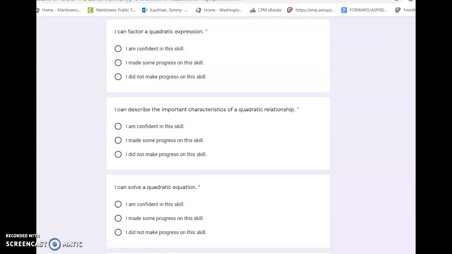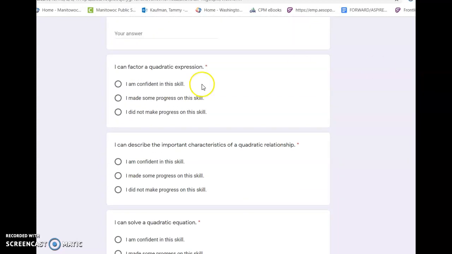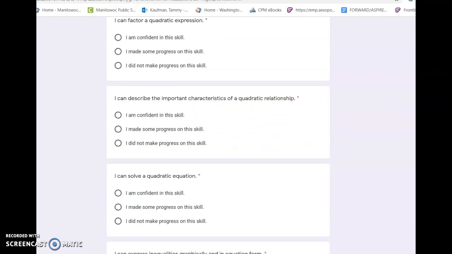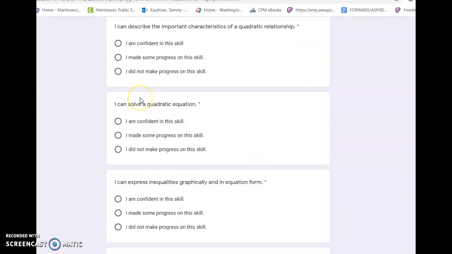The next thing we actually did was factoring, so you're going to go up to the top and answer how you felt you did on factoring. Then the next thing we did was the characteristics of the quadratic relationship, looking at all those different representations. And the next thing we did was we solved a quadratic equation.